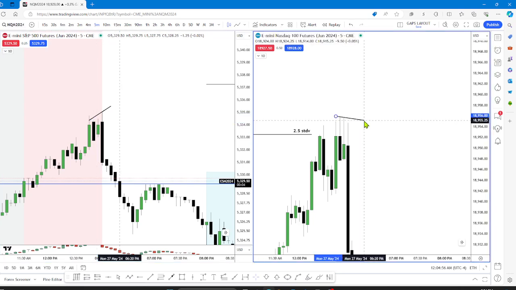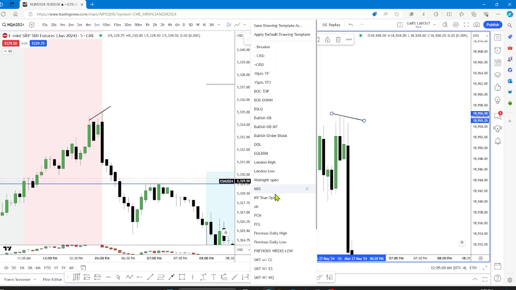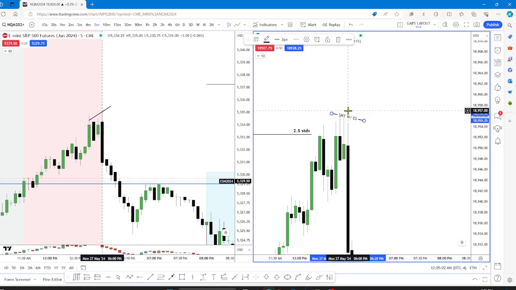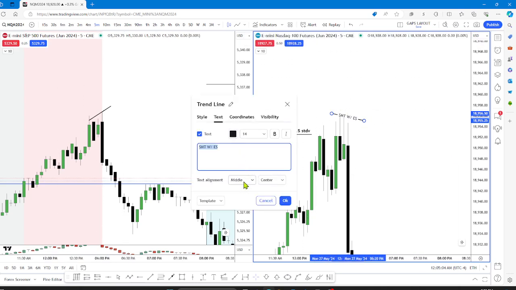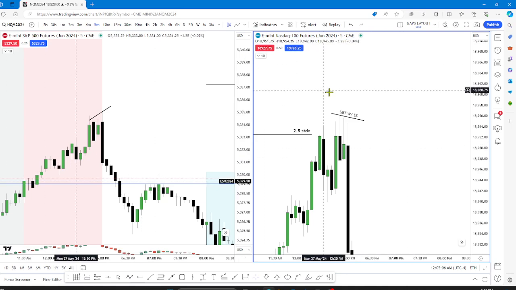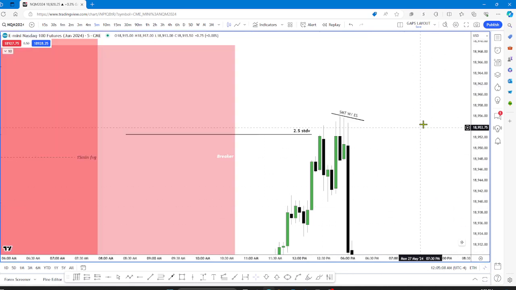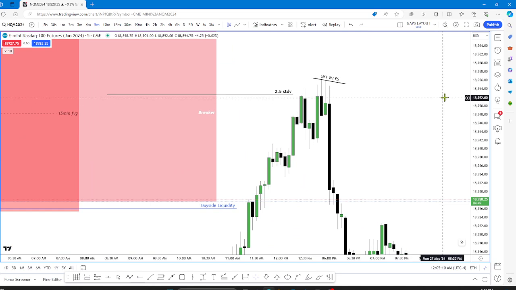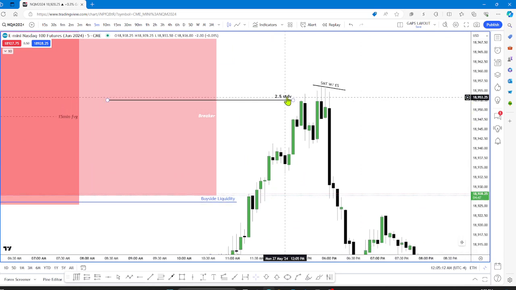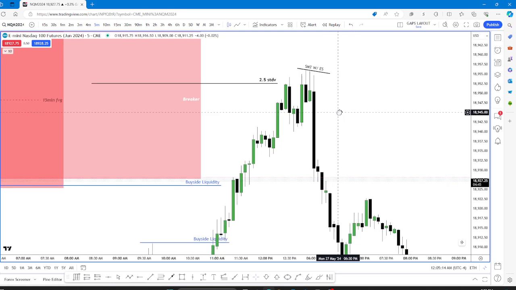So we trade lower here. So SMT with ES, I'll put it on the top. Okay, so 2.5 standard deviations plus SMT.